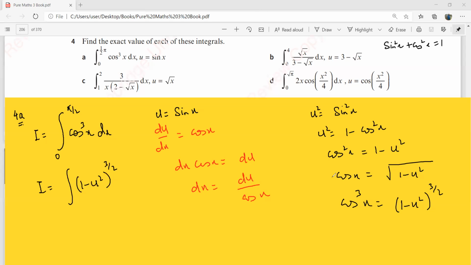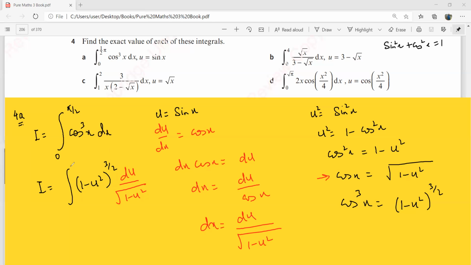So you have this cos x over here, and you can use this, so dx is going to be purely in terms of u. This will be written as du over under root 1 minus u square. So all this expression is now in terms of u.